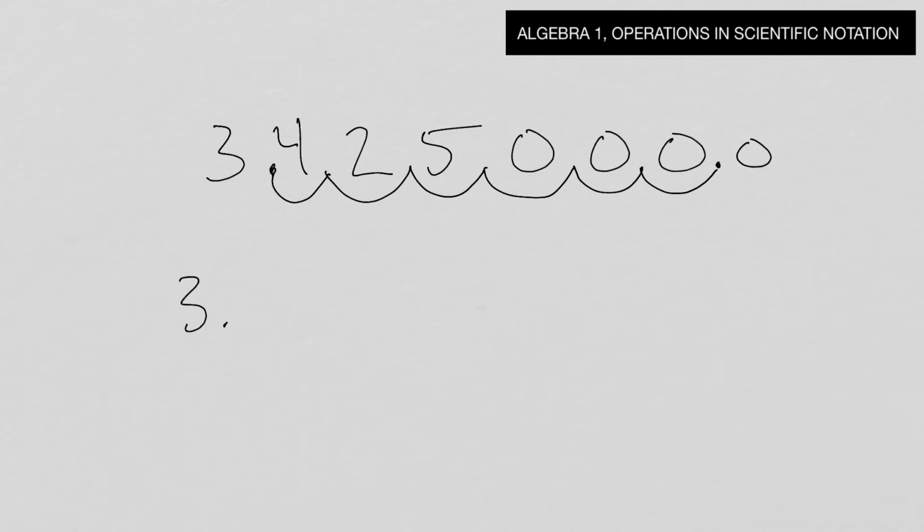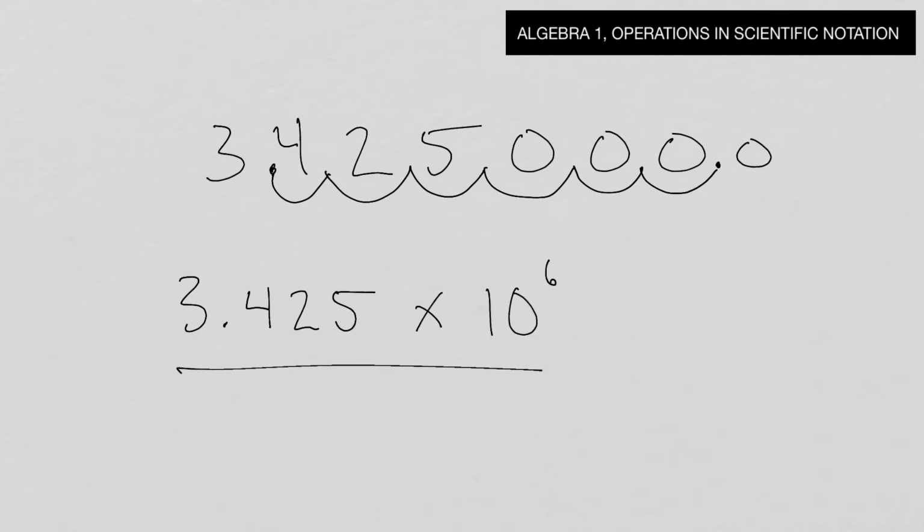So we have 3.425 times 10 to the 6th power. This is how you represent this number here, without all this mess, in scientific notation: 3.425 times 10 to the 6th.